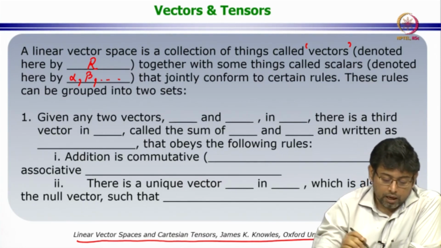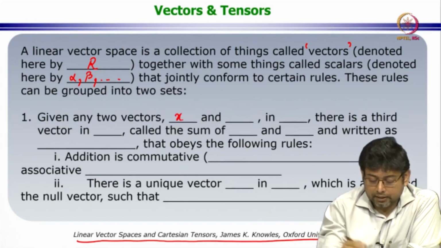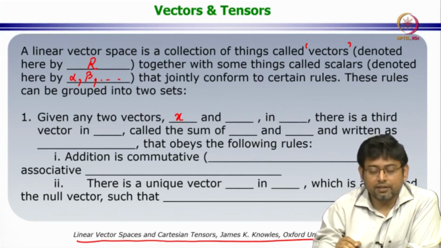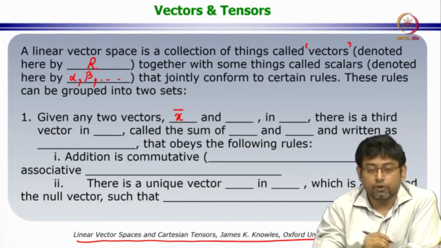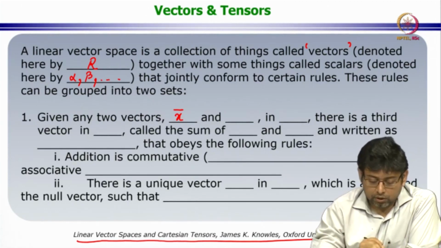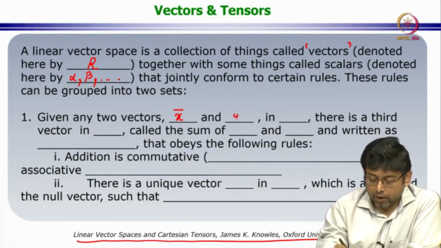So now, let us say a vector x is there. So that we are clear that x is a vector, I will put a bar over it, and I will try to be consistent all throughout these lecture notes, so that I put a bar over x or any other thing when it is a vector.